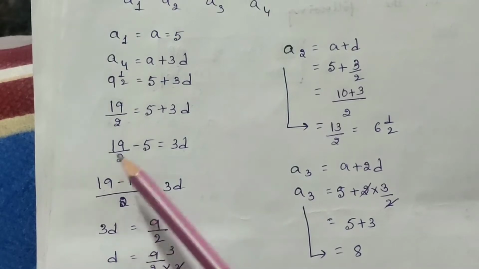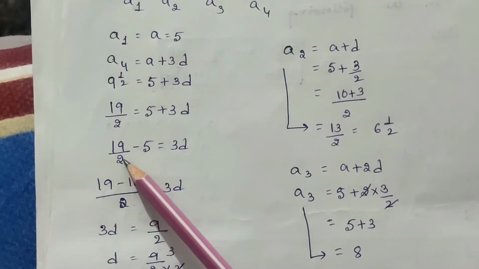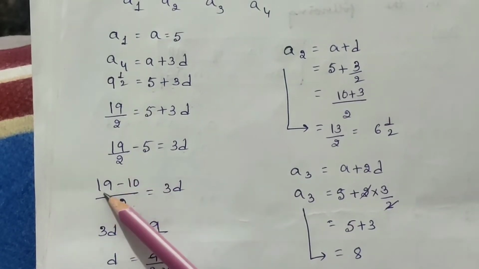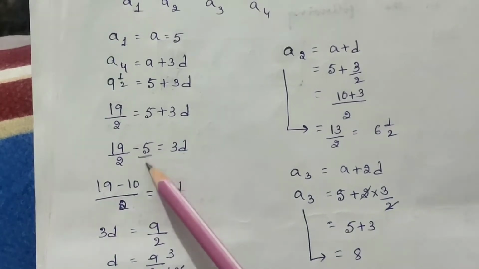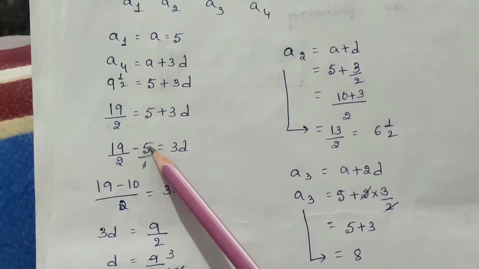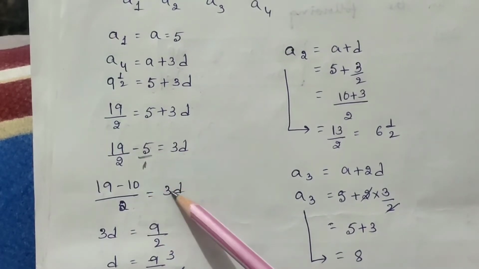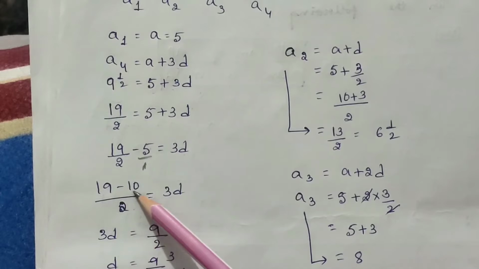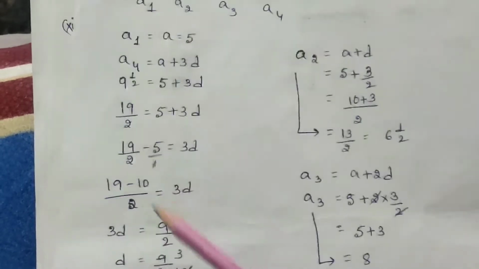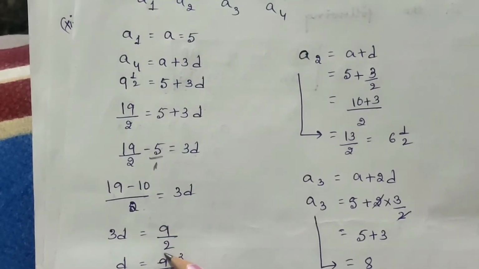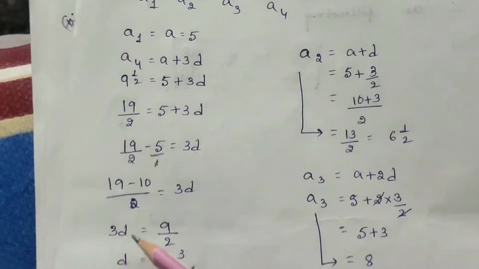Since the denominator is 2, you have to write 19 as it is. Here, since the denominator is 1, you have to multiply by 2. That is 5 2s are 10, 3d as it is. Subtract it: 19 minus 10 is 9 by 2, which is equal to 3d.